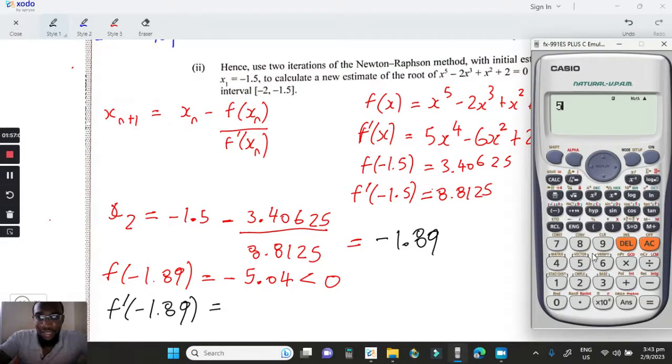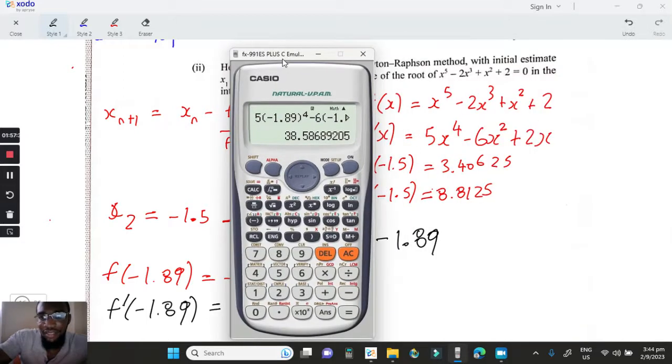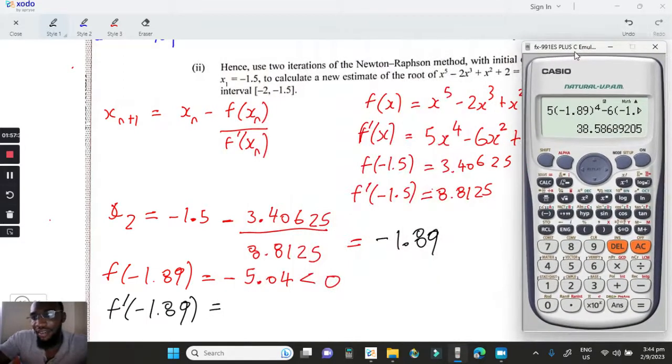We're trying to save time. 5 times x to the 4, which is negative 1.89 raised to the 4th power, then minus 6 times negative 1.89 raised to the second power, then plus 2 times negative 1.89. Plug it in and we'll get 38.58 or 38.59.